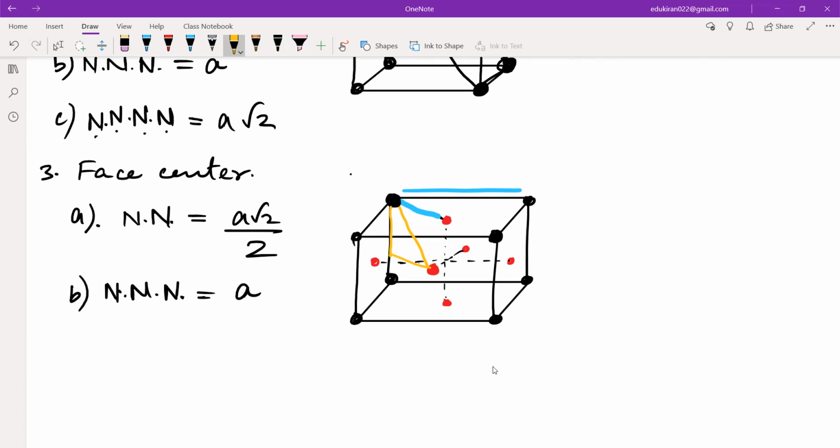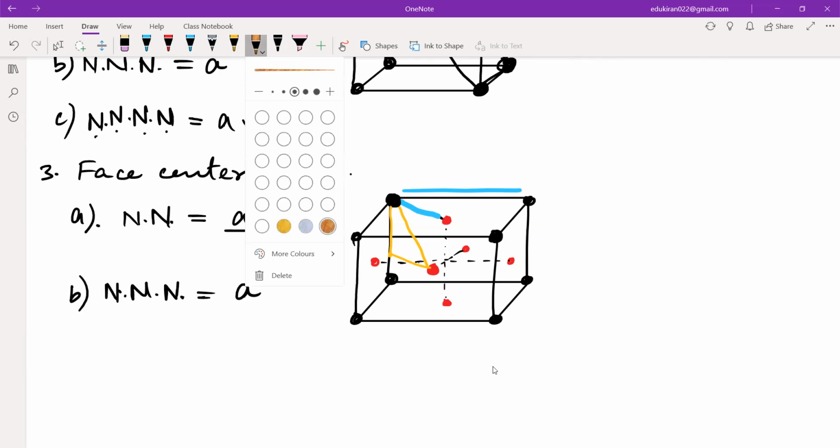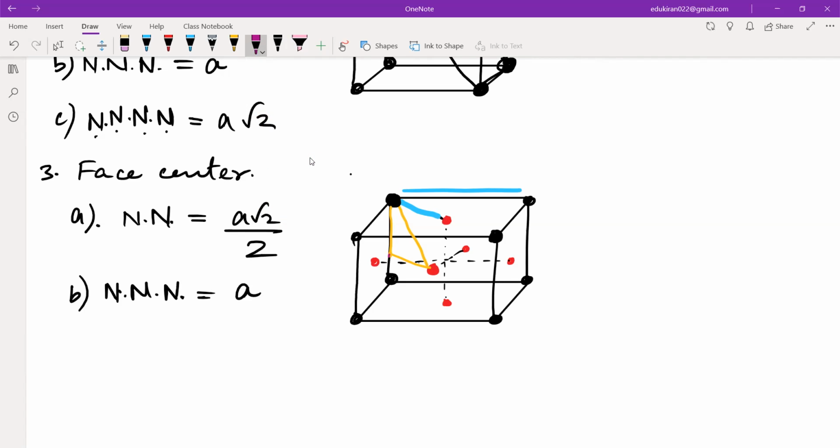If you just extend this yellow line that I'm making, तो इसका परछाई यहाँ पे होगा. Shadow will be present here. So it is almost like you are making a face diagonal from the middle of the edge. Yes or no? Can you see that happening?